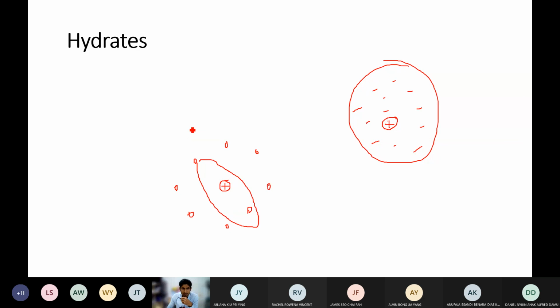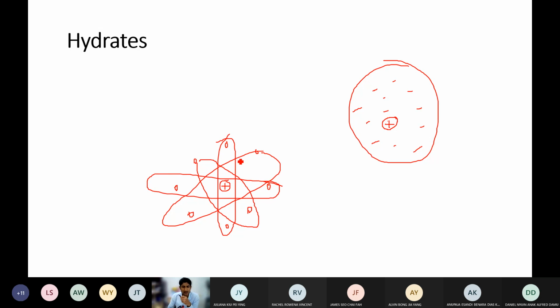Rutherford came out with this idea. To get to this idea, they did a gold foil experiment. An alpha particle was bombarded against a very, very thin gold plate, 10 times thinner than your hair.